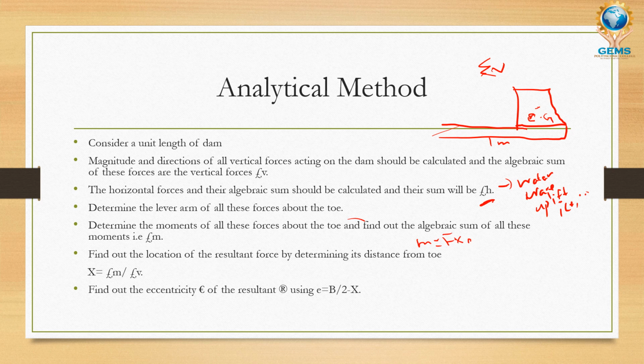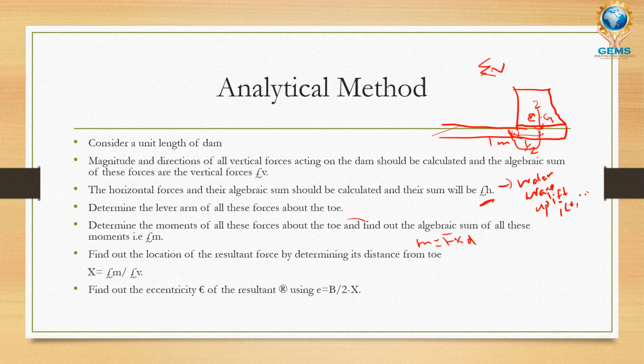Suppose a vertical force of 2 is acting at a distance of half. Then 2 into half is 1, which is the moment for this vertical force.